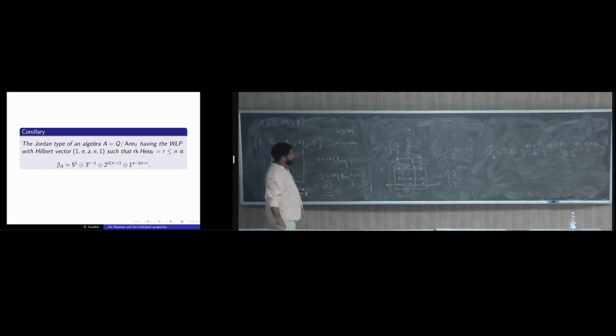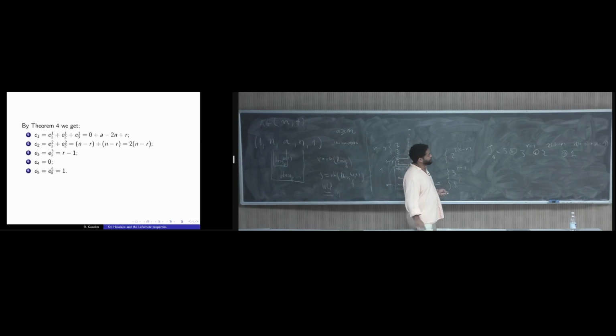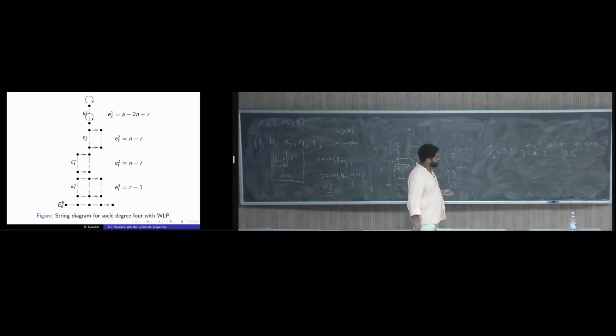So just to plug this information in this case, we only have strings of length 1 in the middle, because the rank from A1 to A2 of the multiplication map is full, taking a generic L. So we get this diagram.